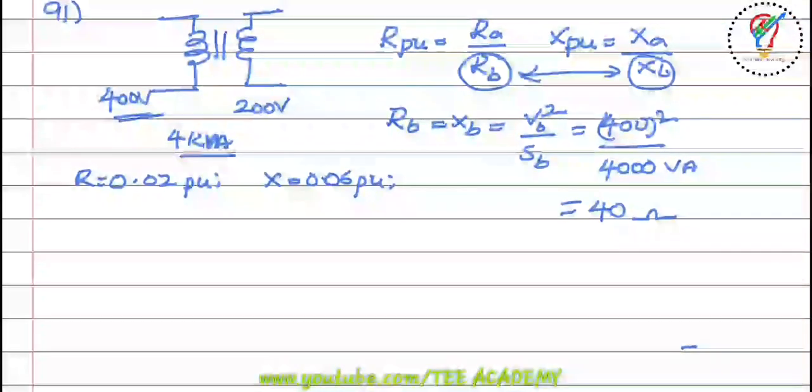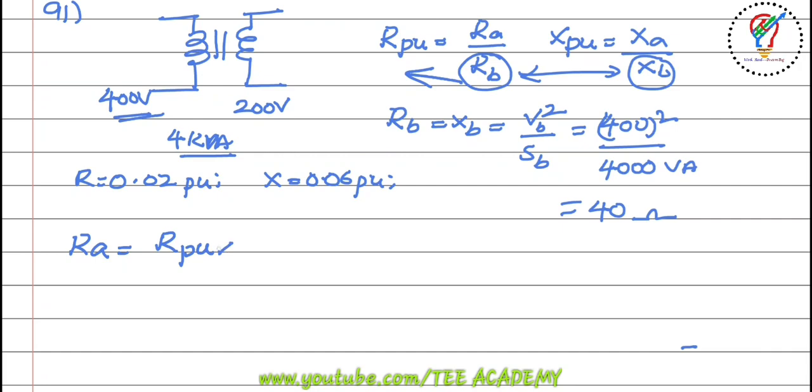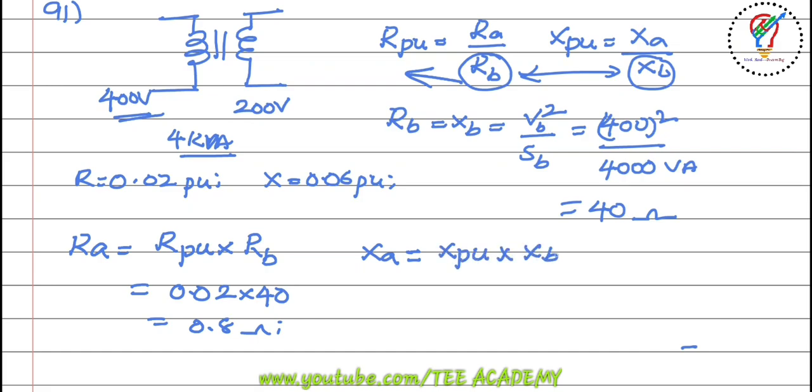Now we need the actual value. R actual is equal to R per unit into R base value. So R per unit is 0.02 into 40, which is 0.8 ohms. Similarly, X actual is equal to X per unit into XB.